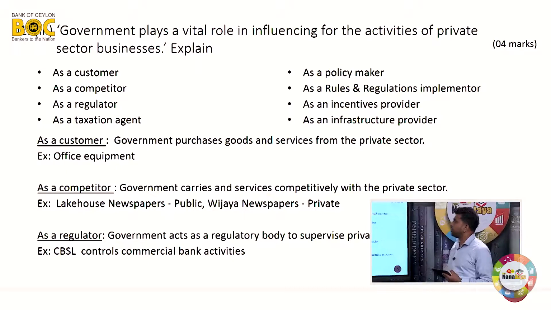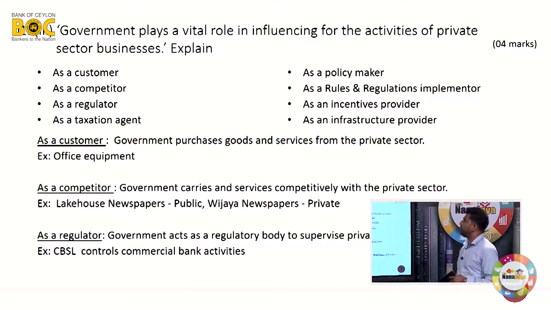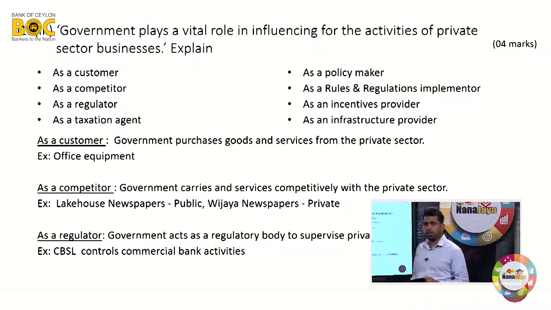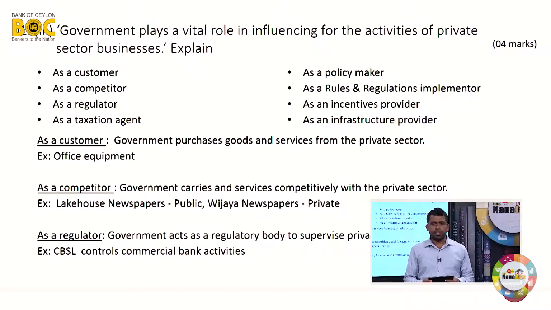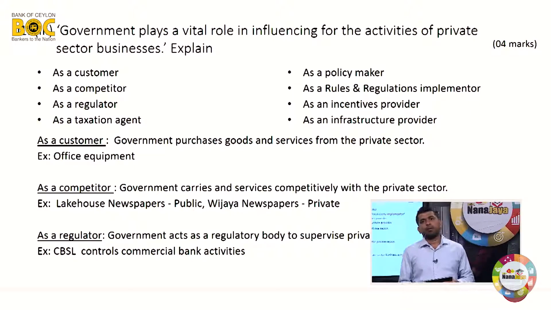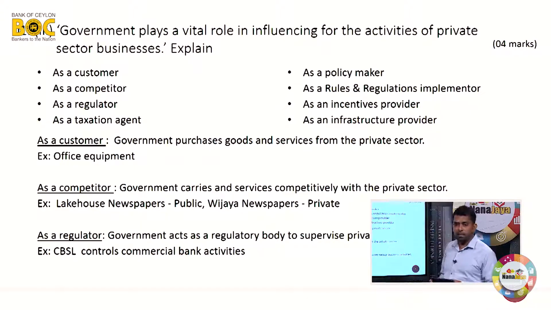Question number 1, Roman number 3. Government plays a vital role in influencing the activities of private sector businesses. Explain. 4 marks. To get 4 marks, you have to explain 4 roles played by the government to influence private sector business activities.